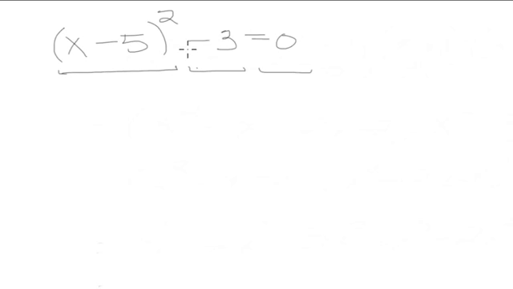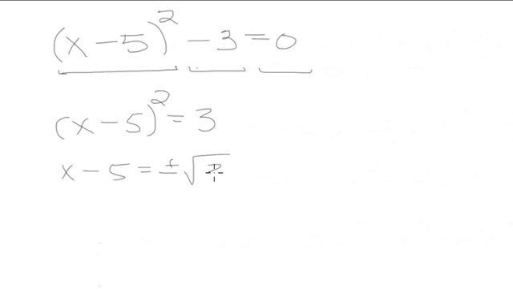For the most part, if you had something that wasn't a squared term, you'd have to work pretty hard. But since the first part here is a squared term, we can say, well, I know that x minus 5 squared is equal to 3. In other words, I also know that x minus 5 is equal to plus or minus the square root of 3.